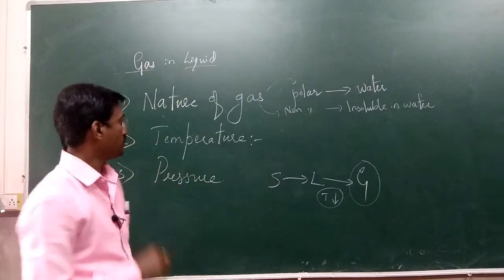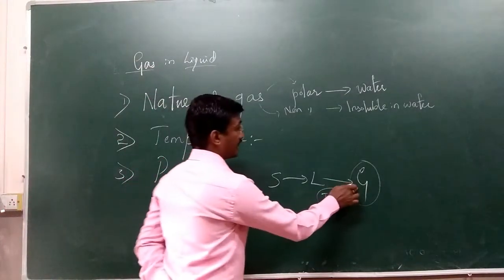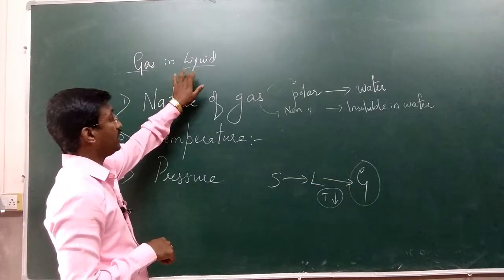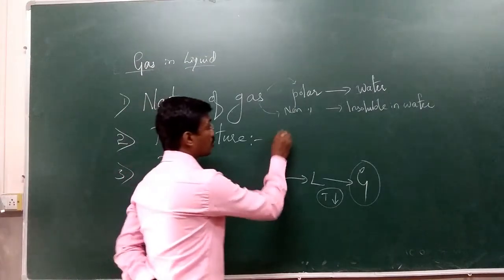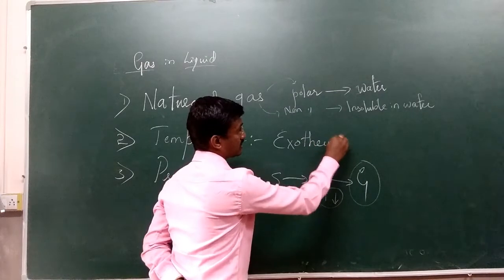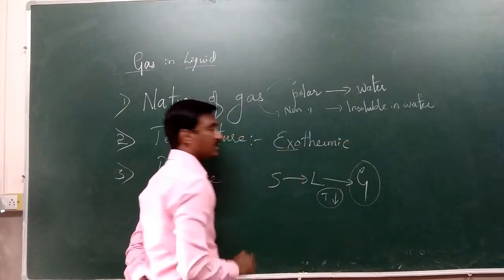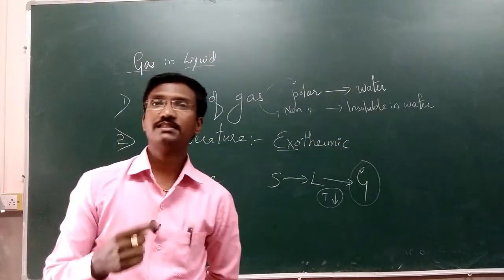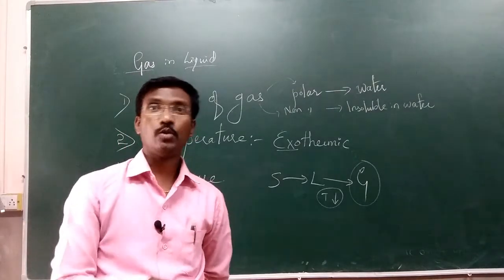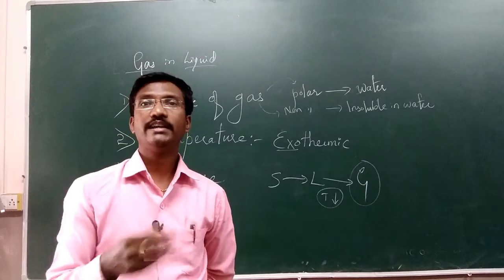It's the same thing. It means that the dissolution of gas in a liquid is an exothermic process. Exothermic is nothing but it liberates heat. Means when we dissolve gases in a solvent, that is a liquid compound, it is exothermic.